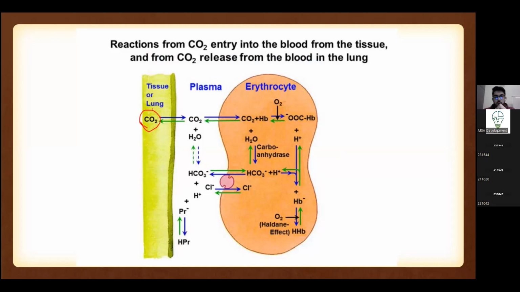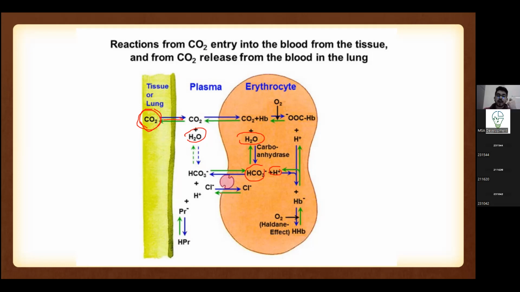In the plasma and in the erythrocytes, the CO2 is going to interact with water. Water is present in both. Due to this interaction, they are going to produce both bicarbonate and H plus ions. This reaction occurs in both the plasma and in the RBCs.